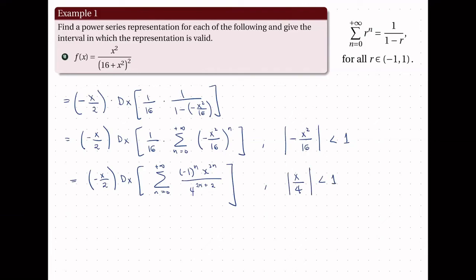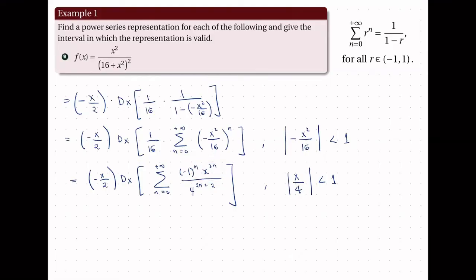Okay? Now we're ready to differentiate this power series. So let's recall na kapag nagde-differentiate tayo ng power series, ang ginagawa lang natin ay dinidifferentiate lang natin yung terms containing the variable. So in this case, since we're differentiating with respect to x, i-differentiate lang natin yung terms ng ating power series containing x. So in this case, itong x raised to 2n.